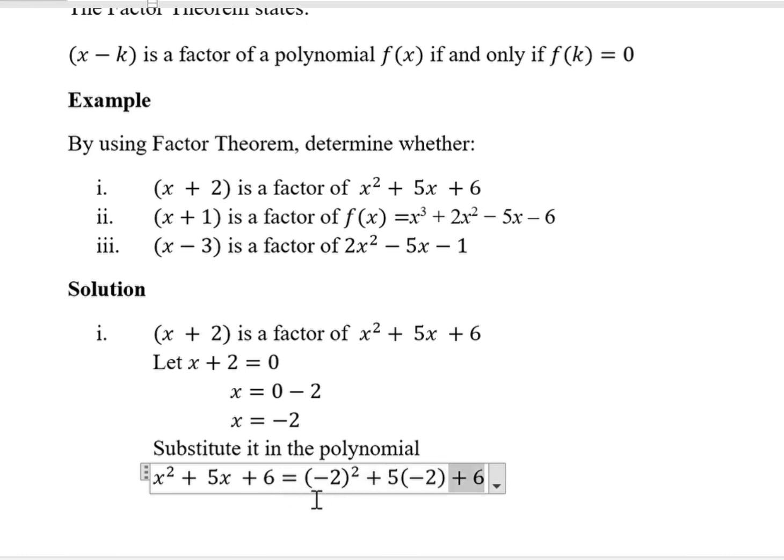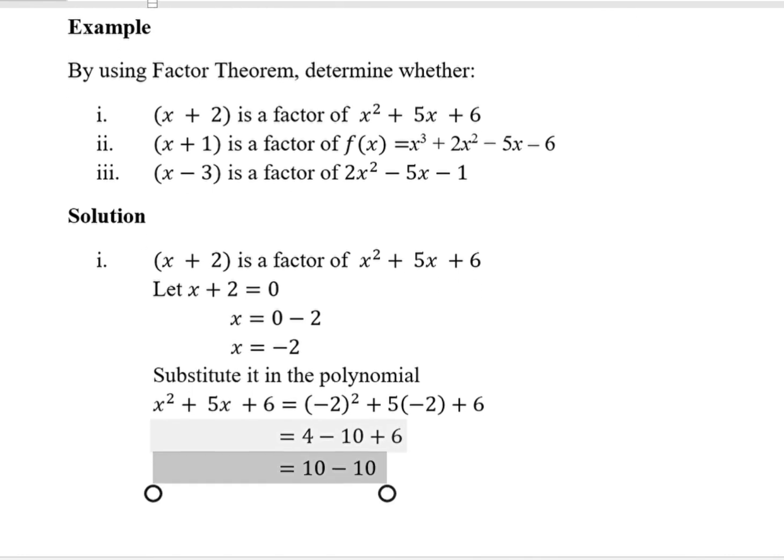Simplify that: negative 2 squared gives us 4, 5 times negative 2 gives us negative 10, and then we have plus 6, which is 4 plus 6 giving us 10, minus 10, and that gives us 0.